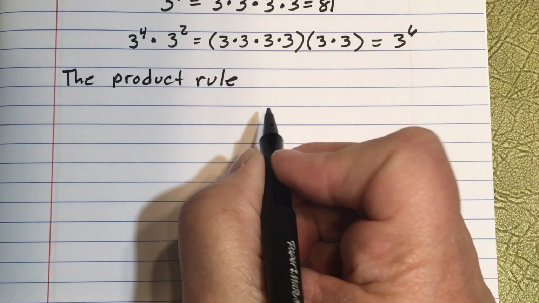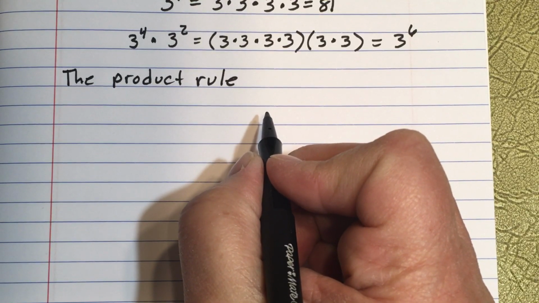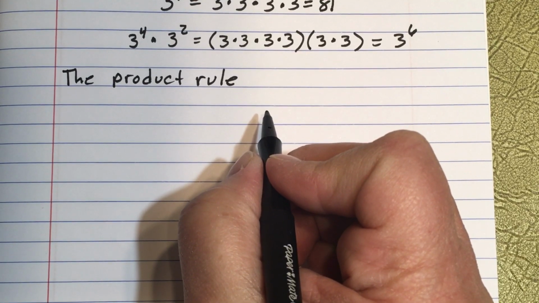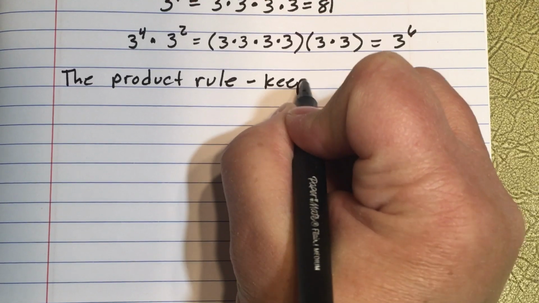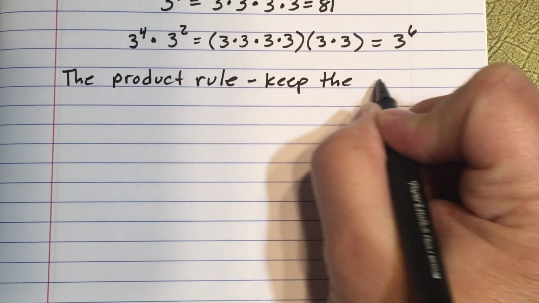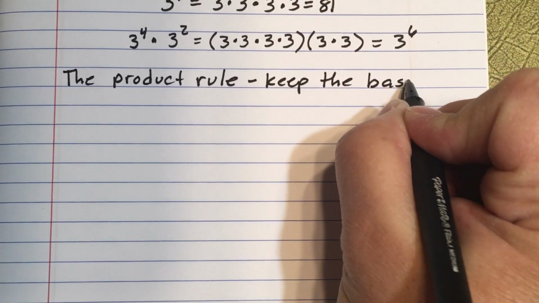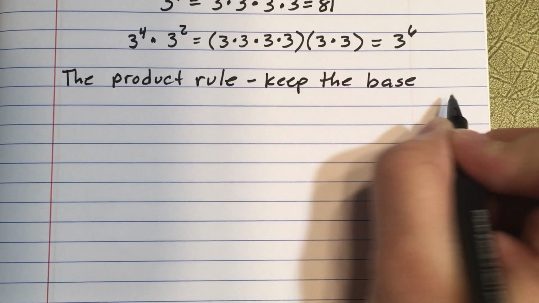So if you're multiplying two numbers with exponents and the bases are the same, you can keep the base and add the exponents.